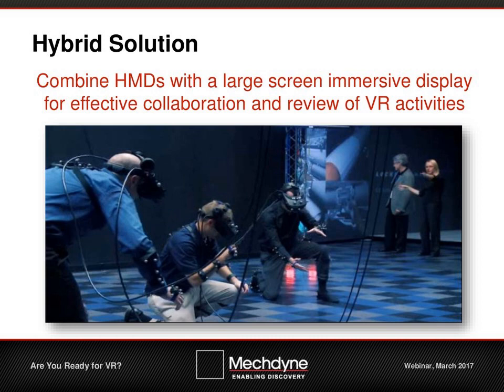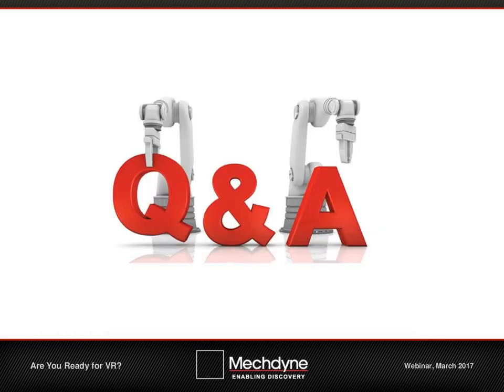Another question asks, what SDK do you provide for VR? Does anyone use Unity, and how? Thank you. That's a great question. There are many SDKs out there depending on the application used. But the short answer for Unity is certainly Unity is a very popular choice. Mechdyne actually has a middleware product called Get Real 3D for Unity that several of our customers use.